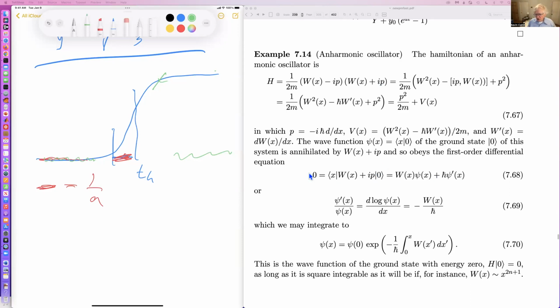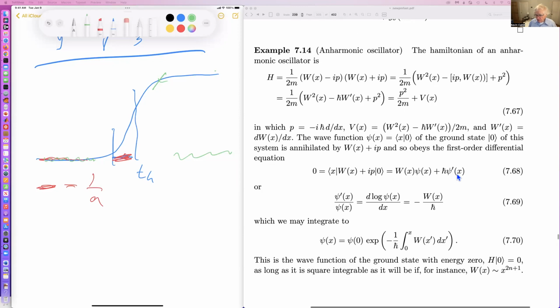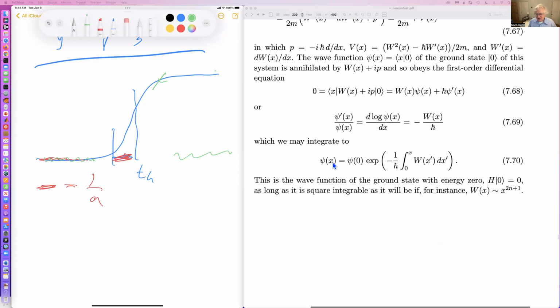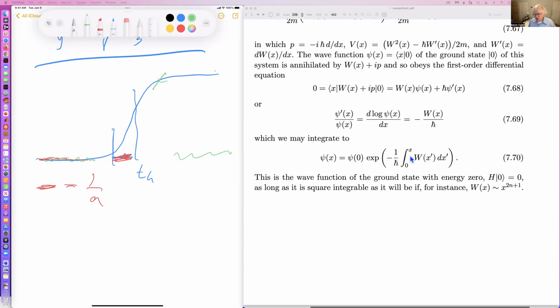And so that differential equation is here: W times psi of x plus h bar times psi prime of x. And so we get the differential equation psi prime over psi, or d log psi dx, is minus W over h bar. We integrate, we get psi of x is psi of 0 times exponential of minus 1 over h bar times the integral from 0 to x of W(x prime) dx prime.